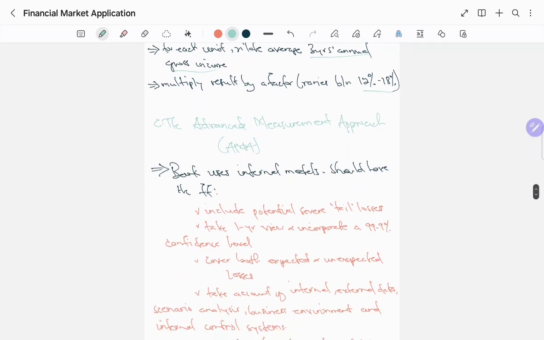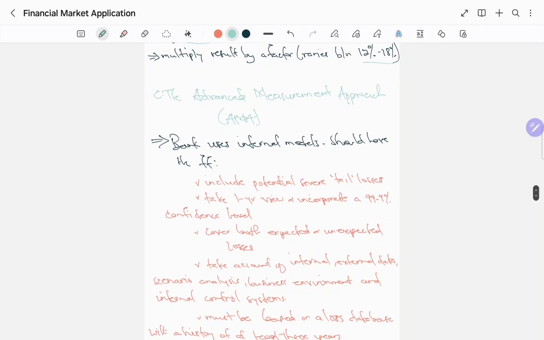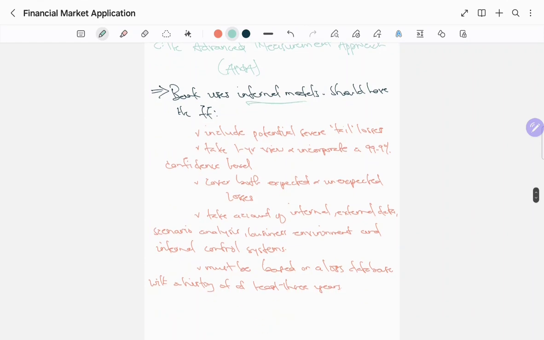The last one will be the advanced measurement approach. Here we are saying the bank uses internal models, but these internal models should fulfill these conditions, right? It should include potential severe tail losses.